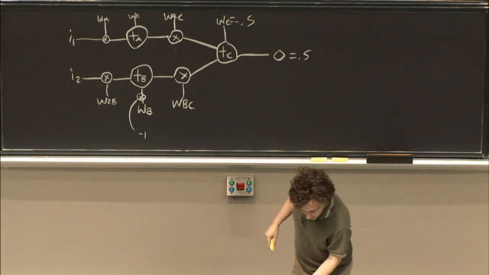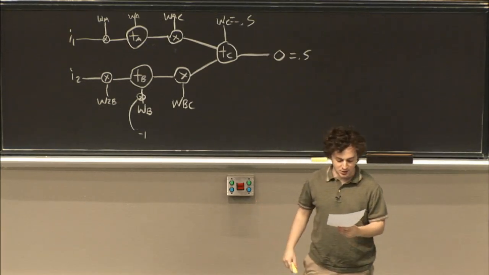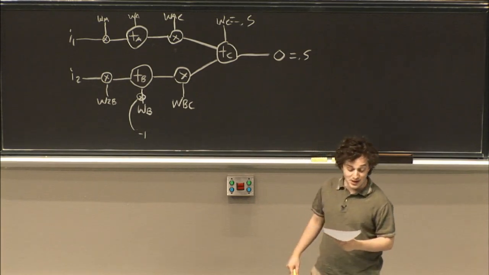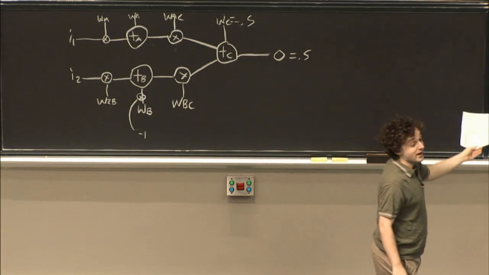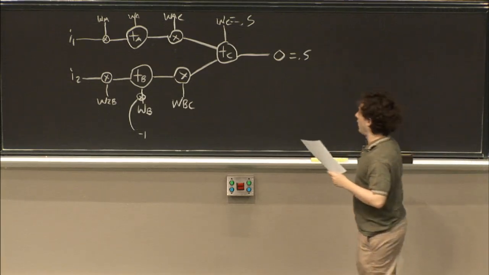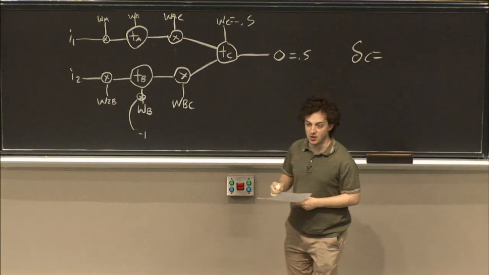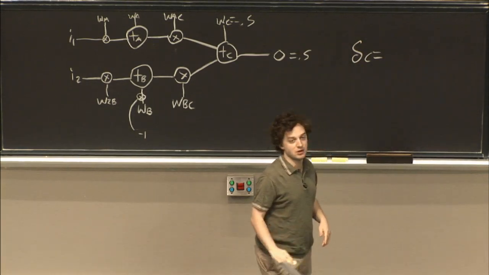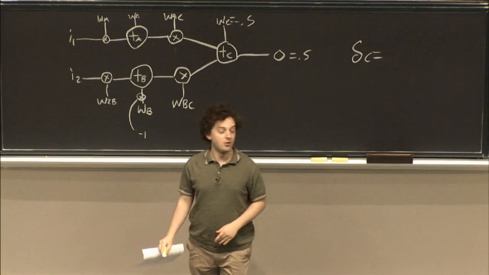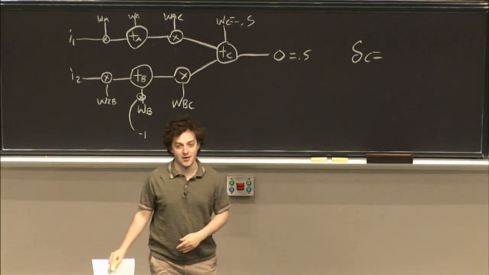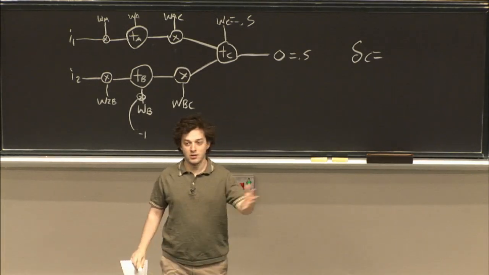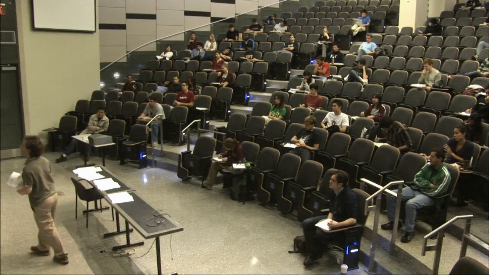Okay? Now we have to do one step of backpropagation. To do that, let's calculate all the deltas so that we can calculate all the new weights, the new weight primes. So, delta C. That's easy. You guys can tell me what delta C is. It's a simple addition or subtraction problem. Everyone, delta C is 0.5, 1/2.